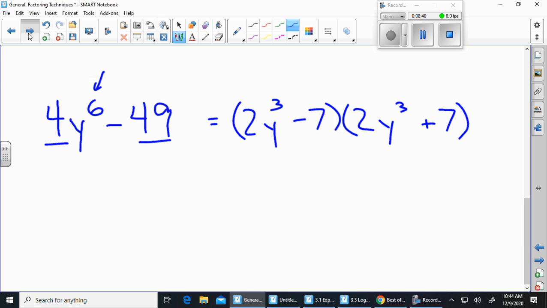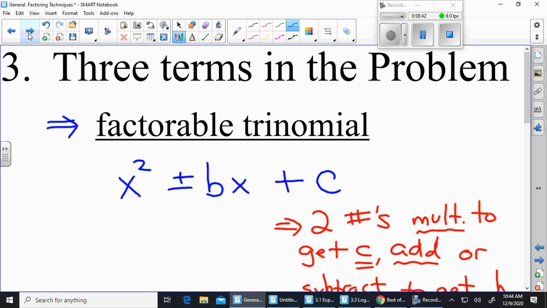So then the only other factoring that we have done is our factoring trinomial. So we have 3 terms. I'm not really putting an A there because we're saying, well, let's just deal with what we all should be able to do.